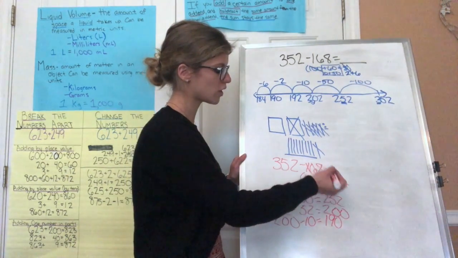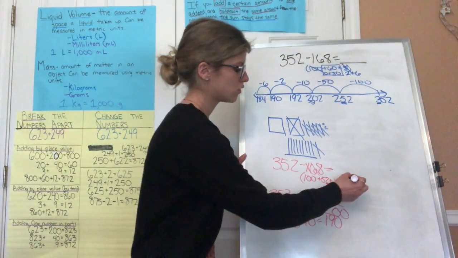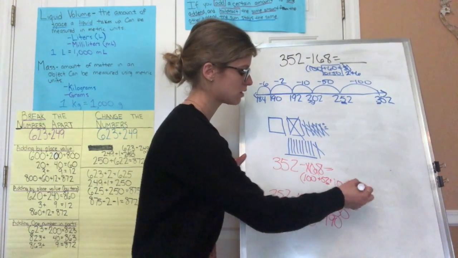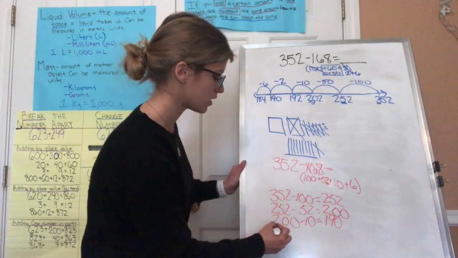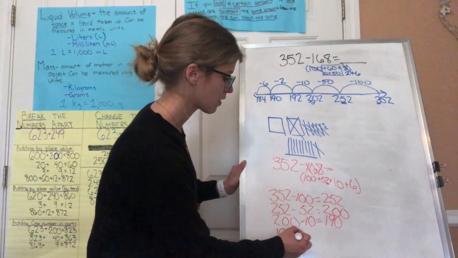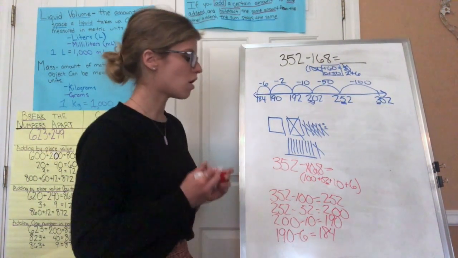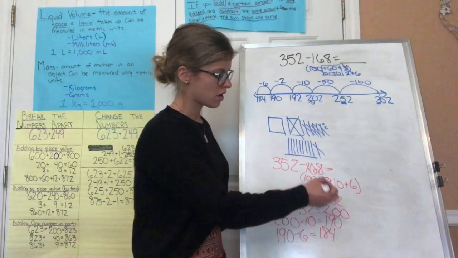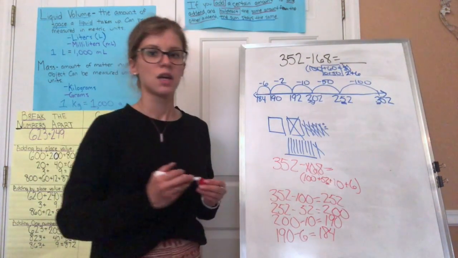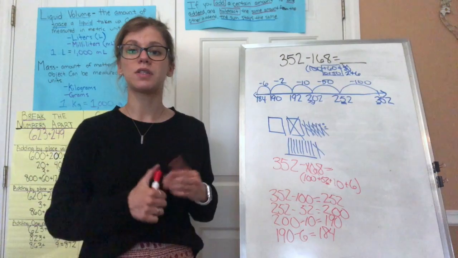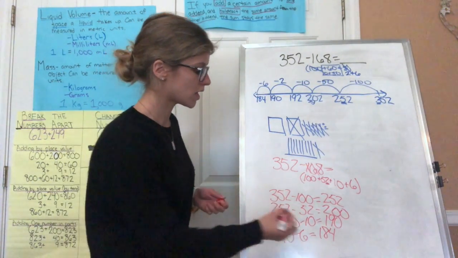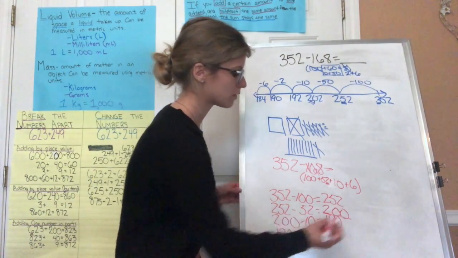So 2 plus what equals 8? 2 plus 6 equals 8. So now I need to do 190 minus 6, which is equal to 184. So all I did is I broke up my 168 into numbers that were super easy for me to take away and also get to friendly numbers.